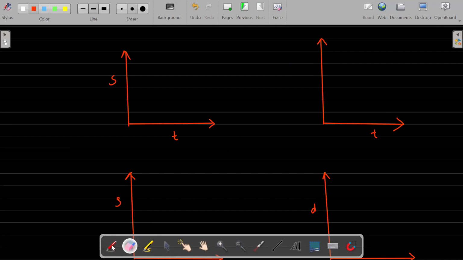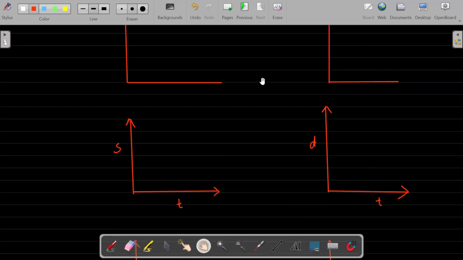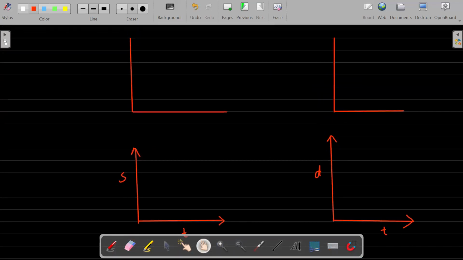Now I'm going to draw. All right. There is one more, which is the last one. Okay, Fatma, see how to draw the graphs.